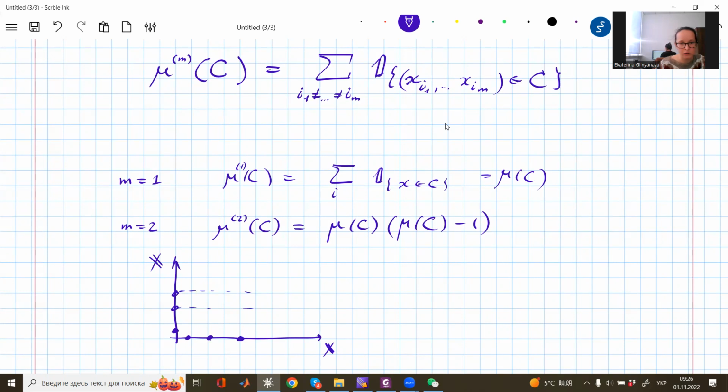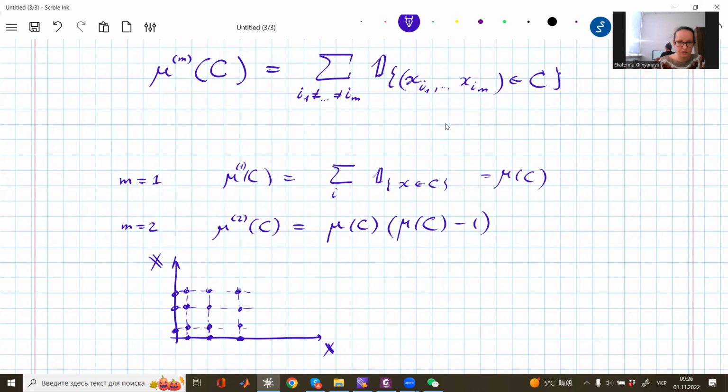And I count not all points in the intersection like we usually do, not all points in the product of space like here.